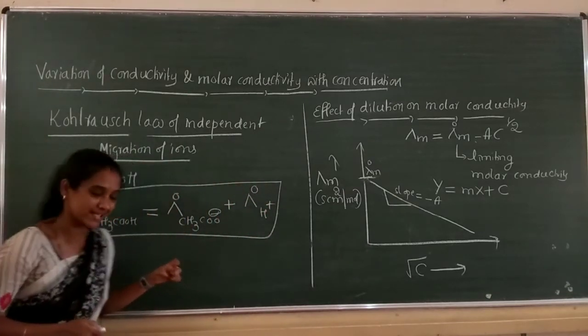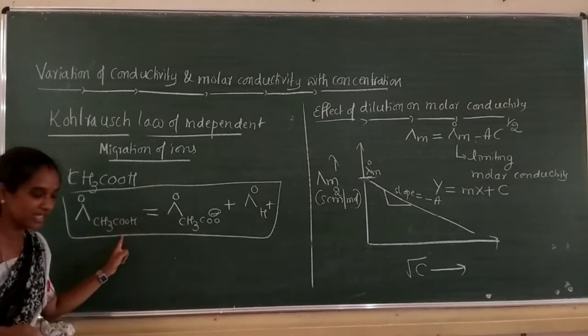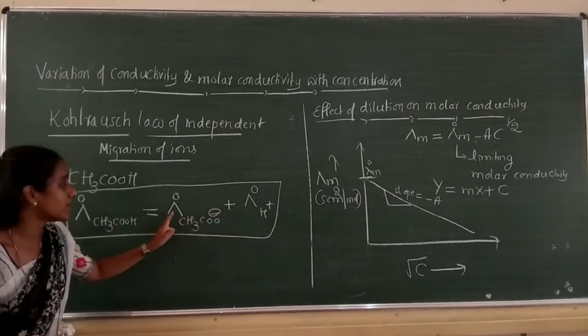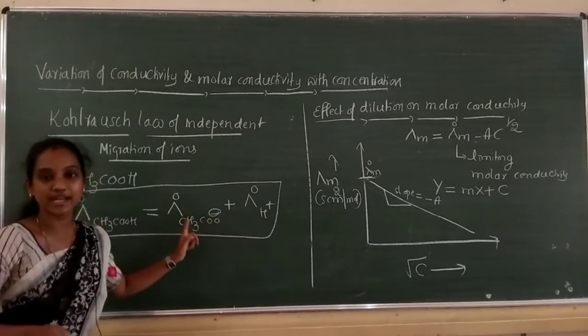This law states that limiting molar conductivity of an electrolyte is the sum of the individual contributions of cations and anions.